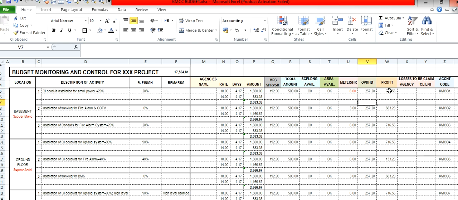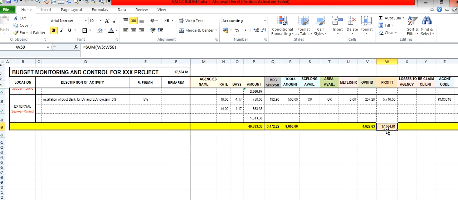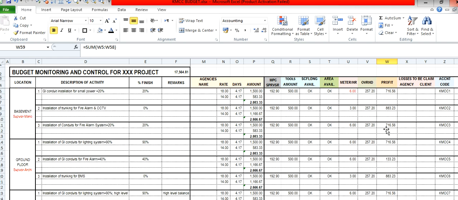So our profit comes to only 716. But if many activities are in parallel, in this one activity we have 716, and you have 83 activities like this, so it will come to 17,000 for this activity within 4 days. So this one is very good for monitoring.